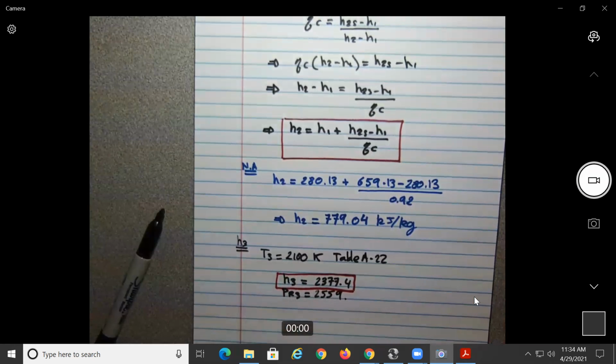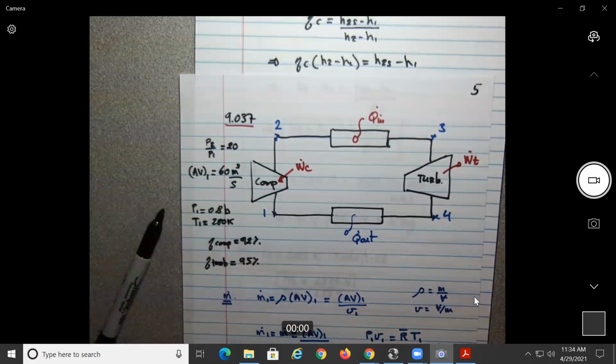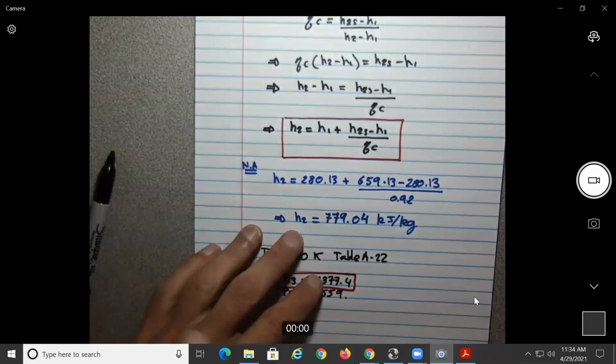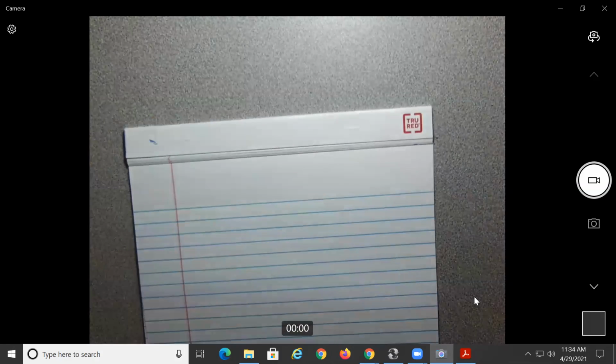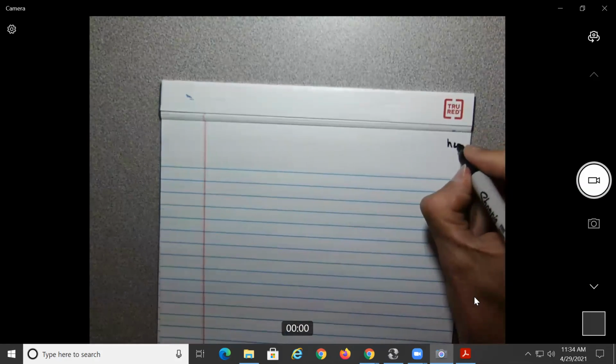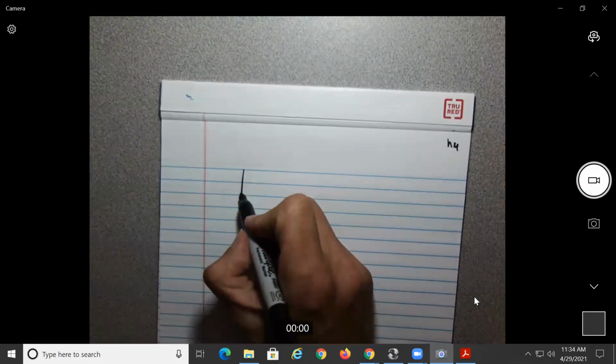Okay, so now the last one to find is H4. In order to find H4, I'm going to do the two pictures here.